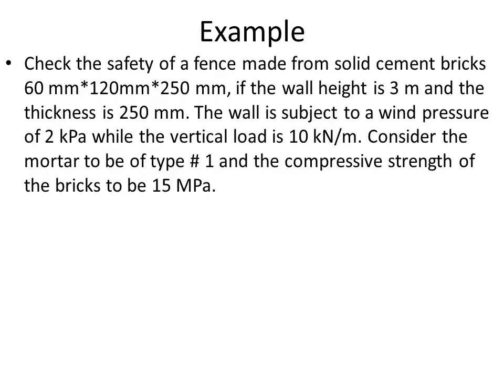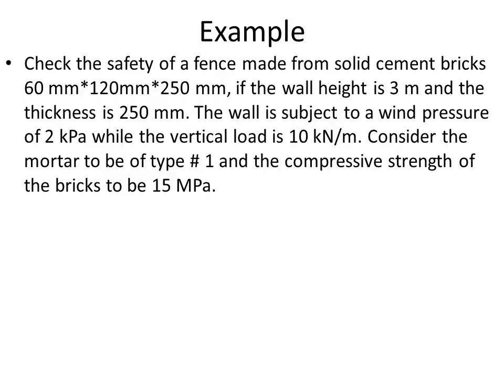So let's take an example here. We'll check the safety of a fence made of solid cement bricks, 60 mm by 120 mm by 250 mm. The wall height is 3 meters and the thickness is 250 mm. The wall is subject to a wind pressure of 2 kPa with a vertical load of, sorry, this is a typo here, the vertical load is not 10, it's 5 kN per meter.